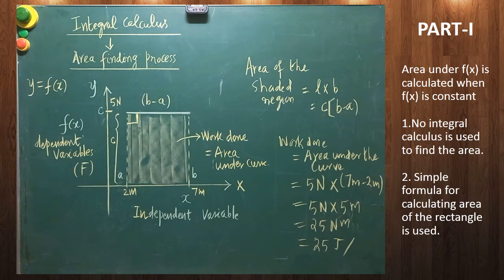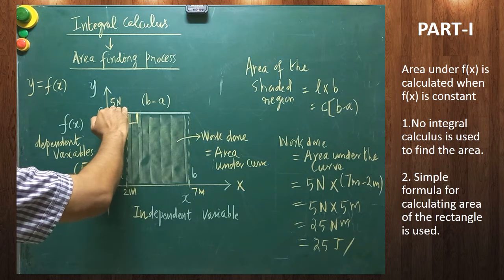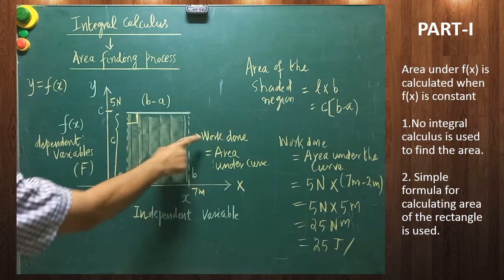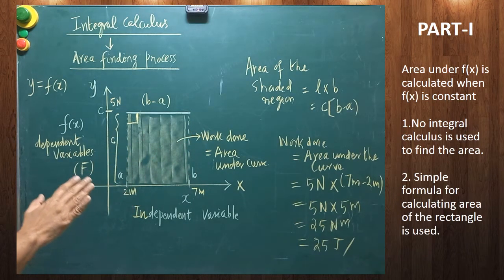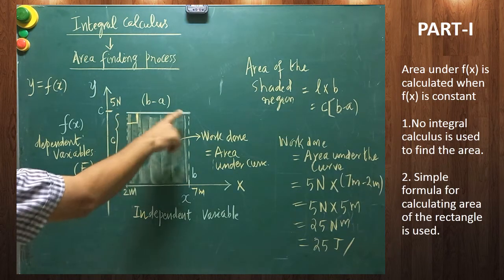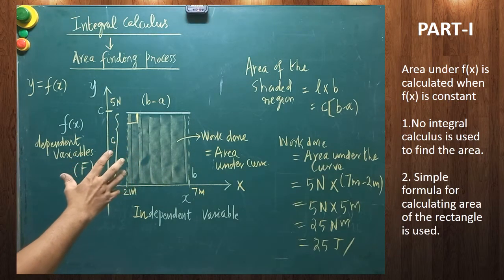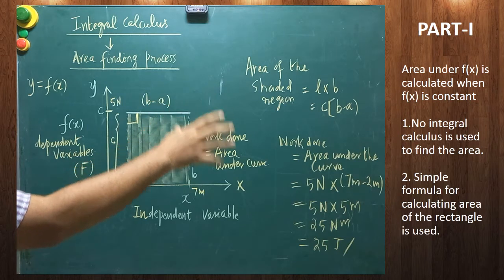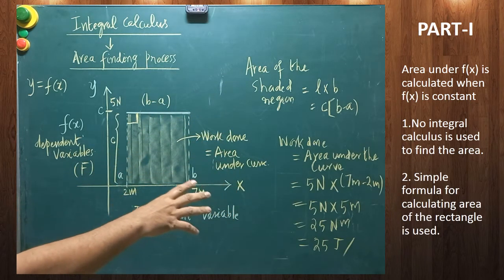I have just told that the area under the graph, area under the curve, or area under the straight line gives you a factor, that is nothing but work done. Here I have not taught anything related to integral calculus. Since the shape of the graph looks like a regular one, a rectangle or square, we can simply calculate the area by using the formula and get the parameter.